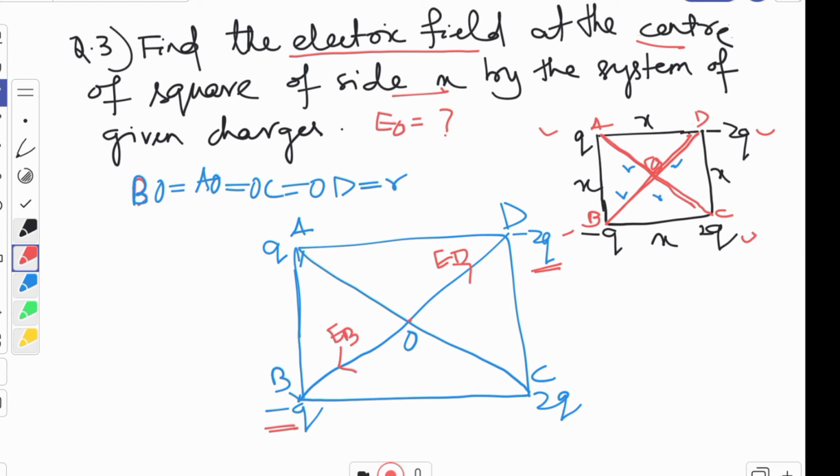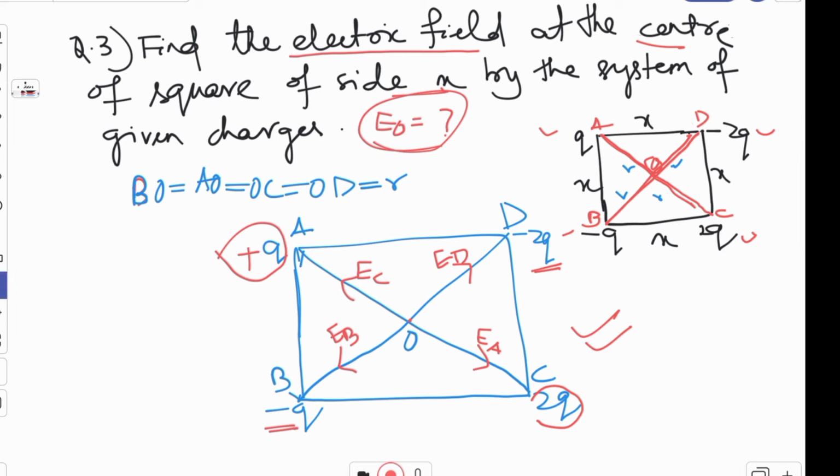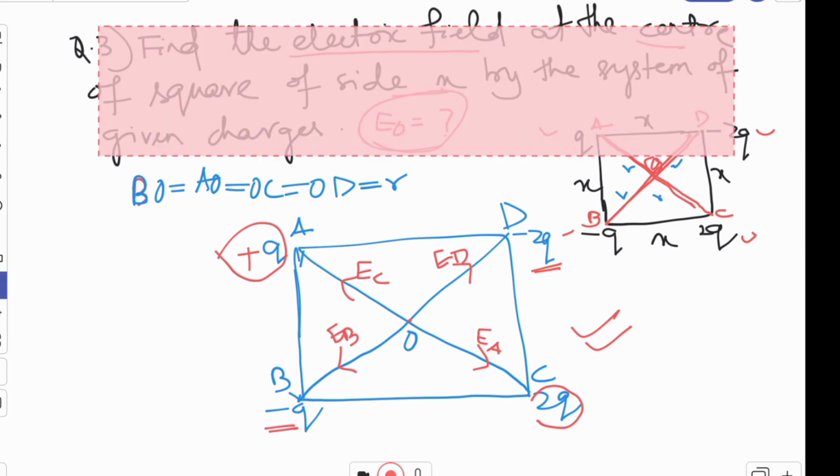So here, due to 2Q, for positive it is away, and here it will be EA, again away from the charge since positive Q is over here. Clear children? This diagram clear? Please note down this diagram. Now we will find out the values, so that we can find this EO. I am clearing the board to proceed further, children.